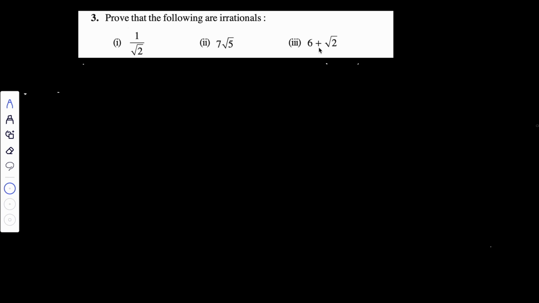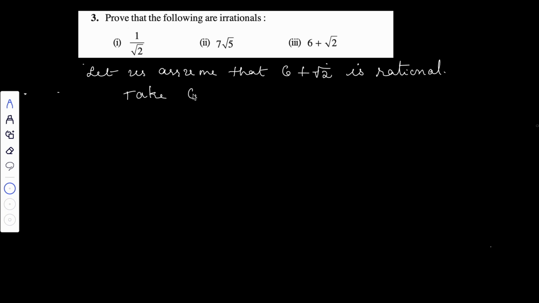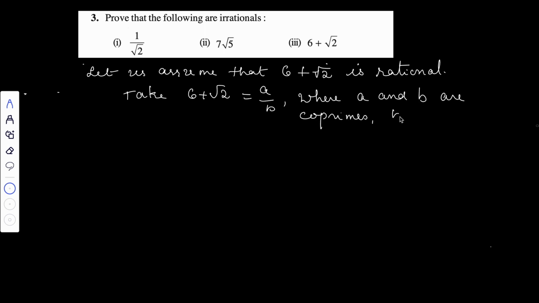Going to the third sum, 6 plus root 2. Let us assume that 6 plus root 2 is rational. Take 6 plus root 2 is equal to a by b, where a and b are co-primes and b is not equal to 0. Now leaving this root 2, 6 we want to shift to the other side.